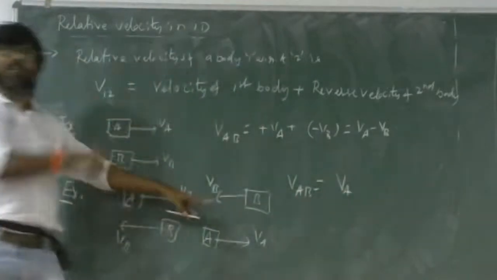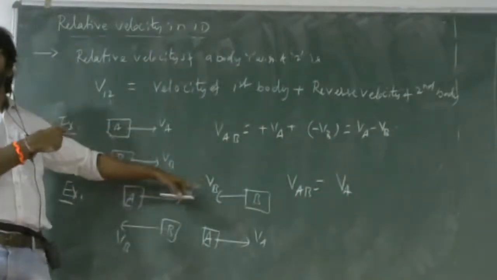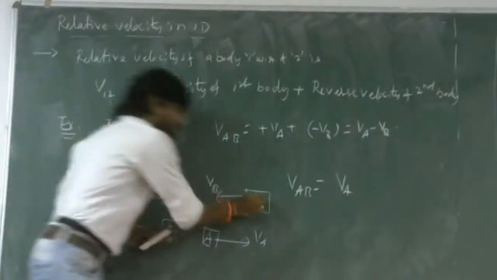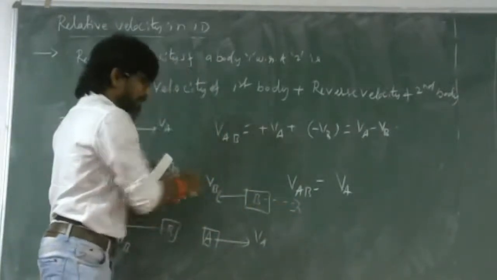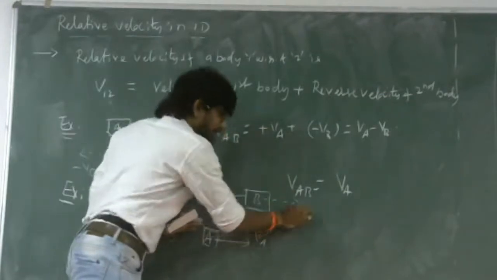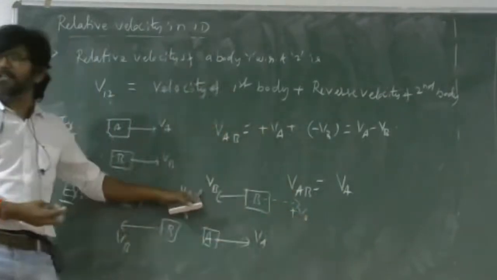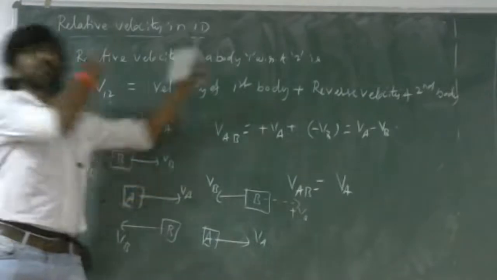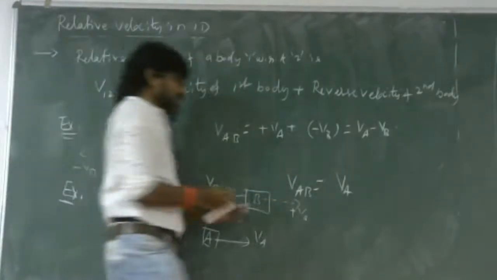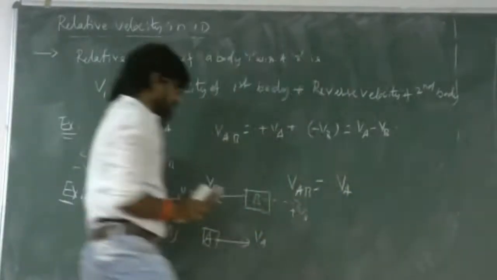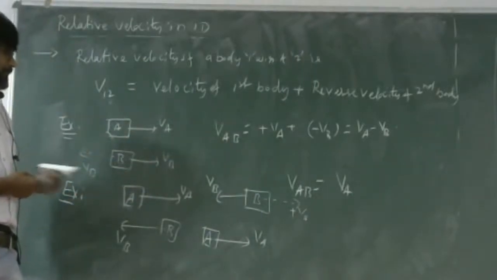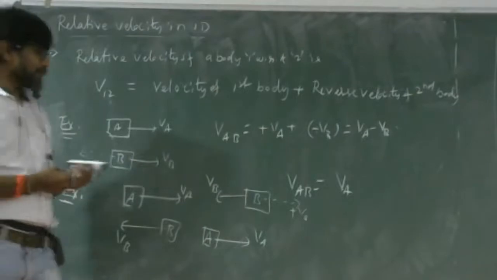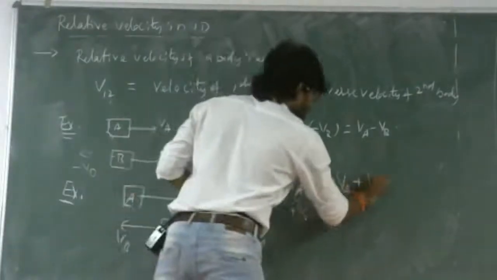B is moving towards left, negative x direction, minus VB. Reverse velocity of this will be in positive x direction, plus VB. So what is this? VA plus VB.